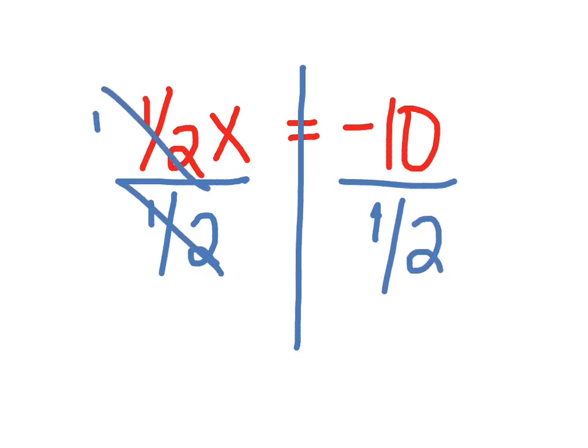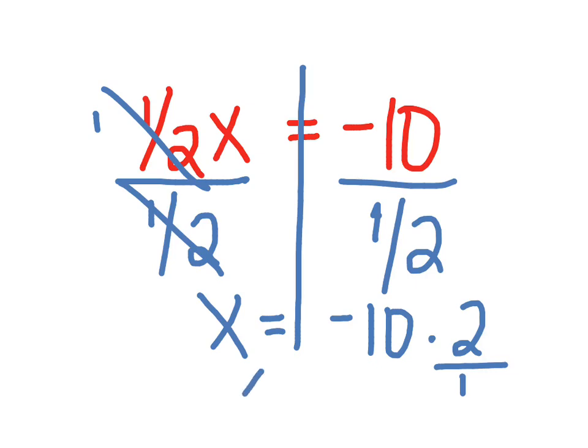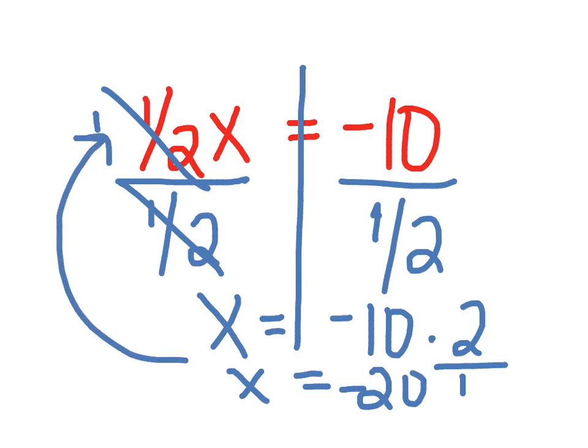That will be 1. 1 times x is x. Bring down the equal sign. So negative 10 divided by 1/2 is the same thing as negative 10 times 2 over 1, which is equal to negative 20. To check your answer, 1/2 times negative 20 is equal to negative 10.